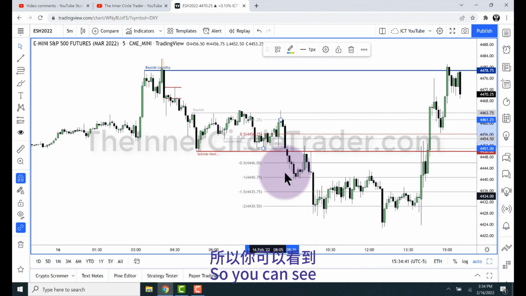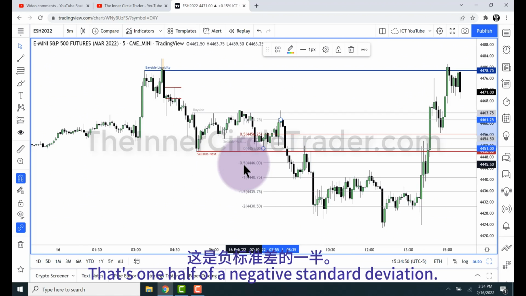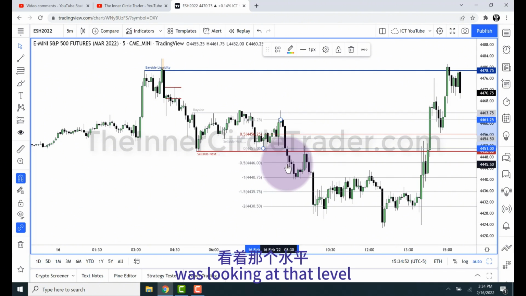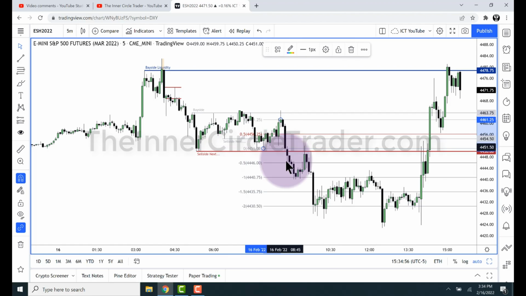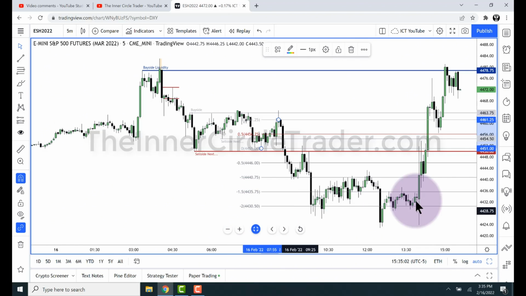So you can see 446 right there. That's negative one-half standard deviation. So I was looking at that level on one of my charts, and I used that to close it. I could have used, obviously, the -2 standard deviation, which brings us down here.